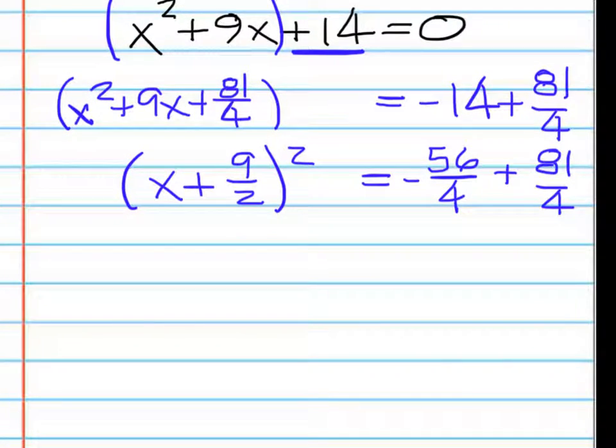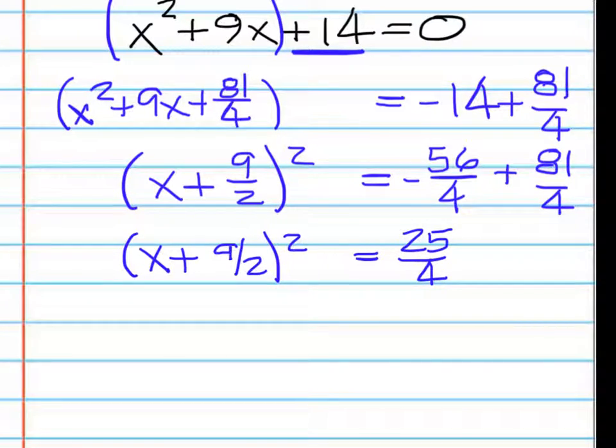I just can't do it both ways up here at the same time. Keep the left side the same. On the right, negative 56 plus 81 is 25. And we still have that over 4. What do I need to do to both sides to get rid of that quantity squared?